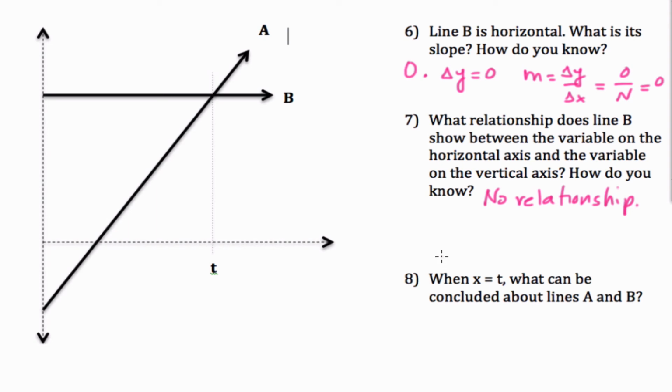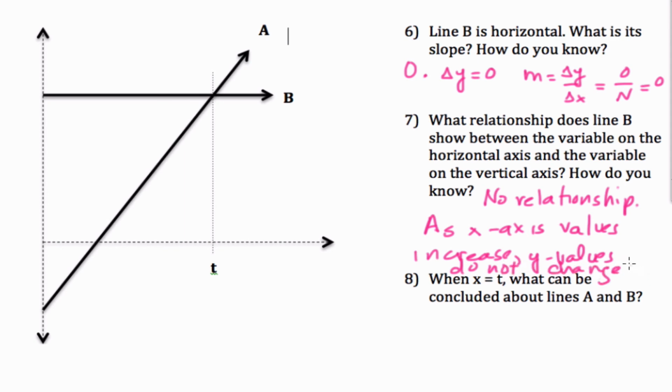That's what a horizontal line shows, that there's no relationship between the horizontal axis variable and the vertical axis variable. As the x-axis variable goes up, y values do not change. So there is no relationship.